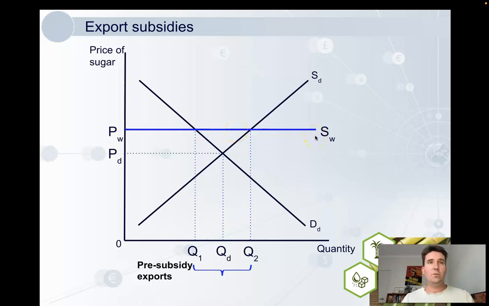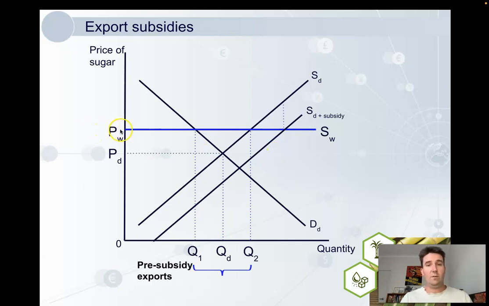Now, India want to boost their sugar exports, so they provide a subsidy, which of course shifts the domestic supply curve down to the right. Okay. The exporters will still export at PW, but now they receive this price plus the subsidy.